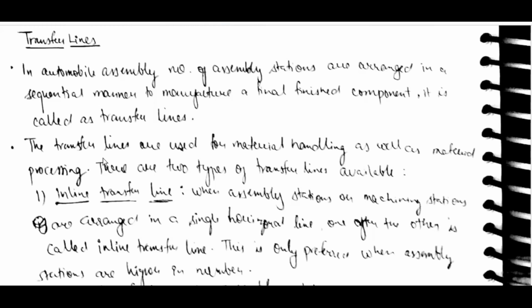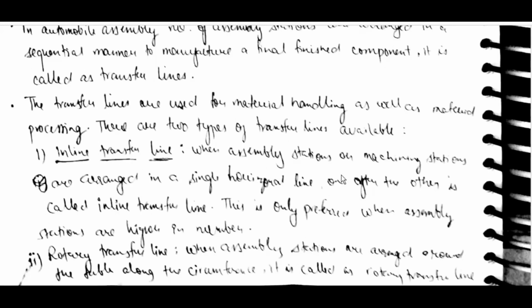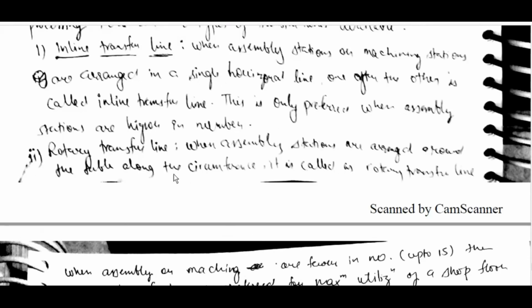There are two types of transfer lines available. Inline transfer line: when assembly stations or machining stations are arranged in a single horizontal line one after the other, it is called an inline transfer line. It is preferred when assembly stations are higher in number.